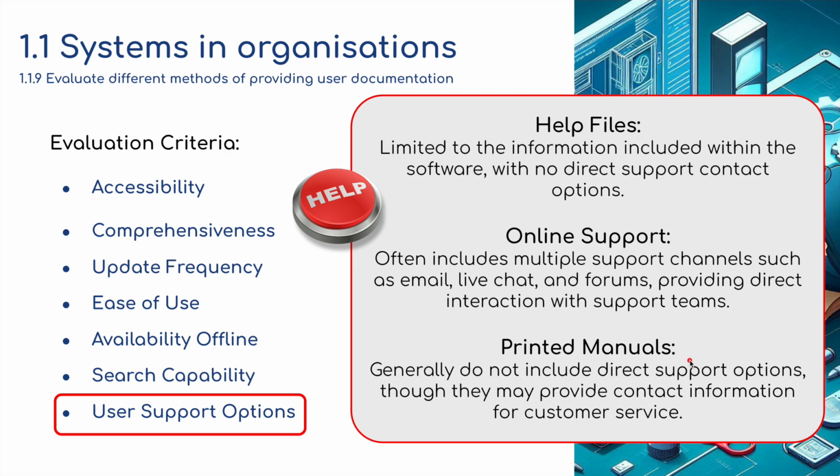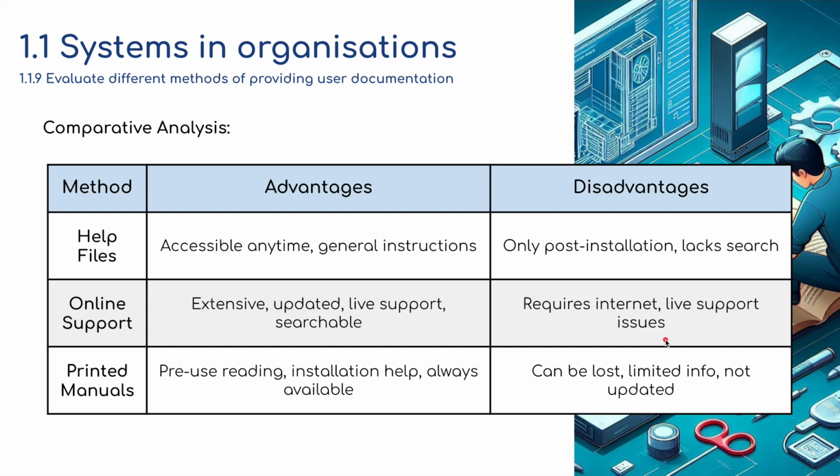Whereas printed manuals, yes, okay, it might have a printed phone number on it, which could become outdated, but generally do not include direct support options, though they may provide contact information, as I just said, for a customer service department.